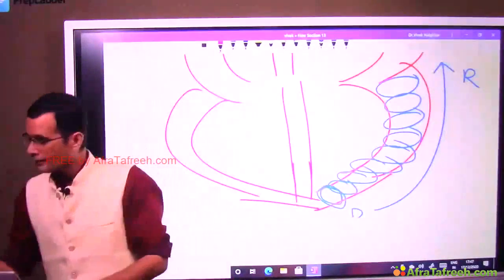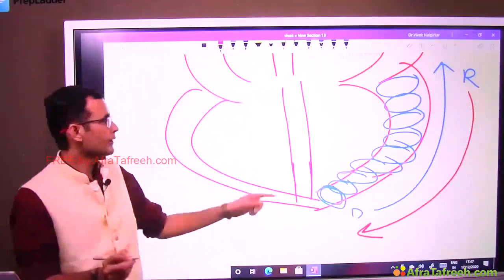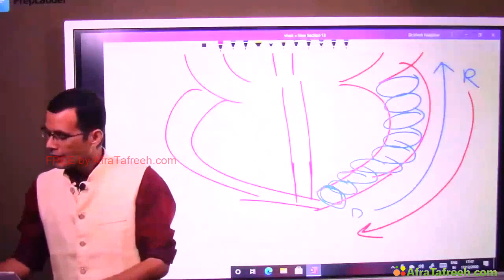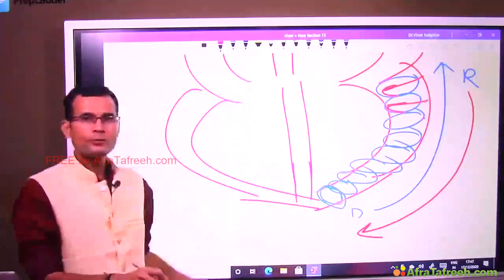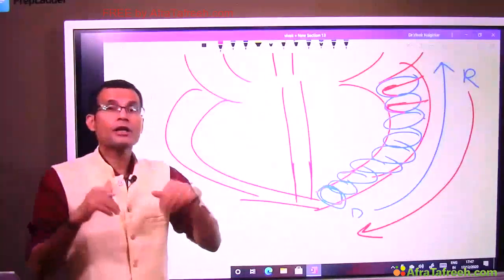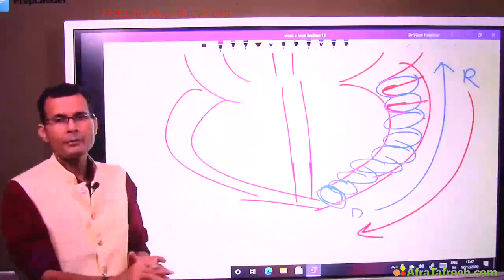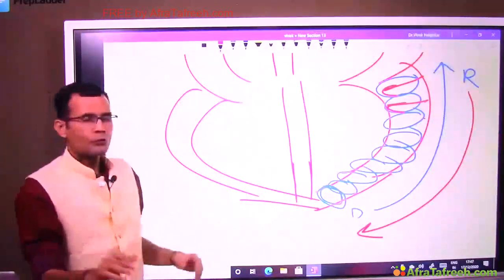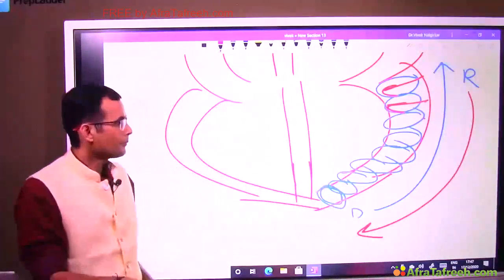It means repolarization goes from base to apex and epicardium to endocardium, like that. Epi to endo. So in the reverse direction, and therefore the last to get repolarized will be the apical endocardium. Let that be clear. So that's the first point. The first to depolarize will be the last to recover.